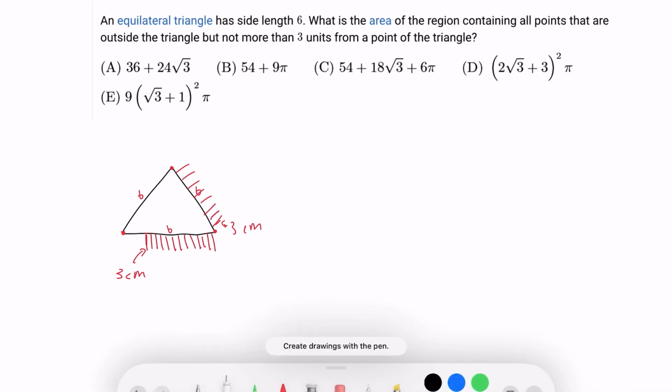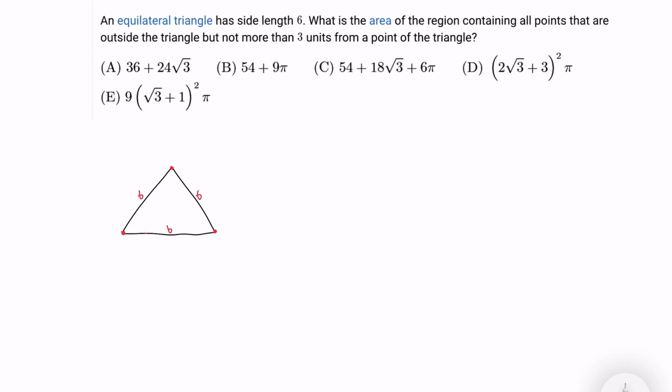So I'm just going to erase all of these lines really quickly. Okay, so for example, I'm just going to draw a 3 centimeter line from each of the vertices. And if we split up the region, then we could have all of the points from this rectangle.